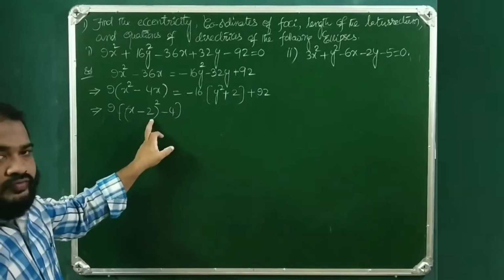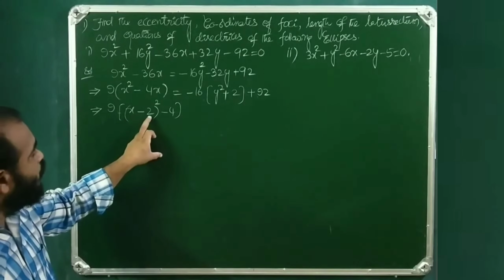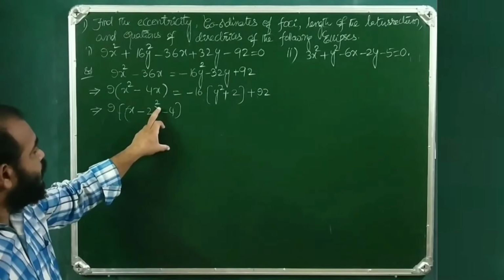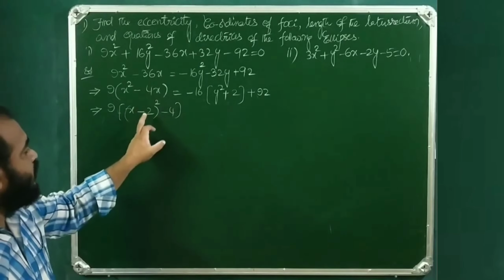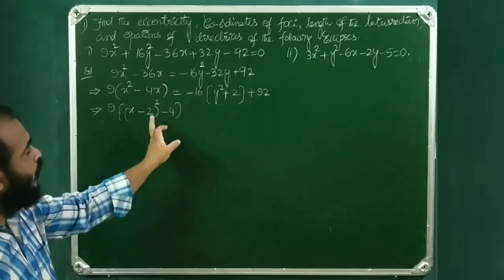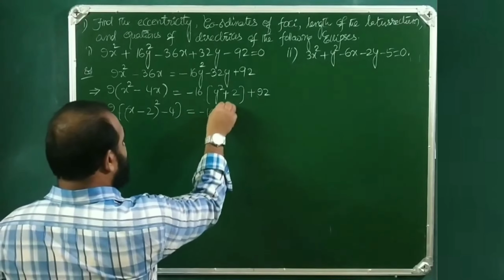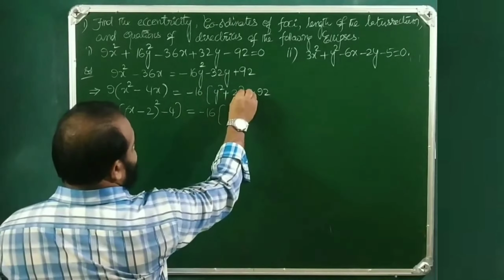If you expand (a − b)², it is a² + b² − 2ab, so x² + 2² − 2·2·x, that is x² − 4x + 4, and the 4 and −4 get cancelled. This equals −16 into y.